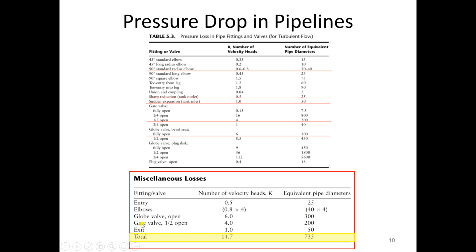Just write again: valve half open is 4 and 200. So the exit, sudden expansion, is 150. Then we just total up all of these values, so we get the total number of velocity heads and also this equivalent pipe diameter.